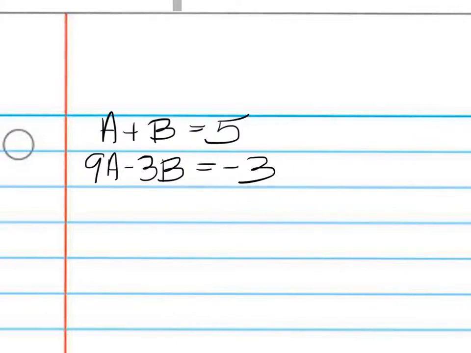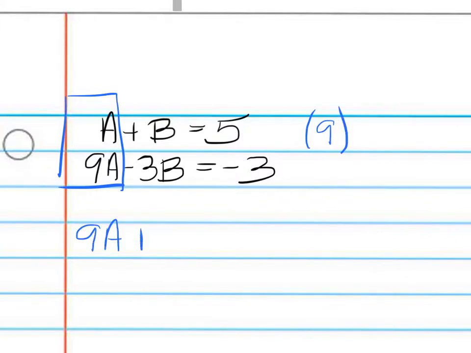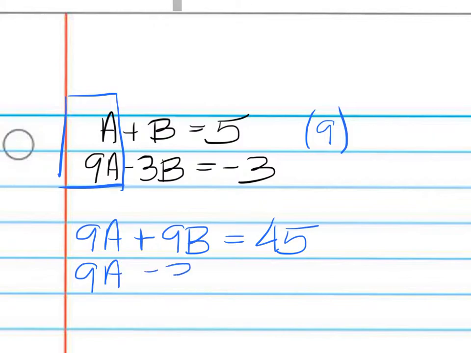From before, we learned that we can solve this by elimination. If you're going to solve it by elimination, you want these two items here to have the same number out to the left. We already have a 9 on one of them, so we're going to multiply the top one by 9. We will get 9a plus 9b equals 45. The bottom one stays the same.